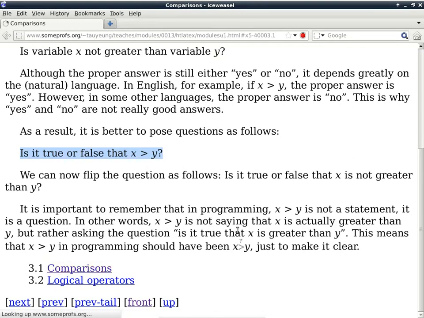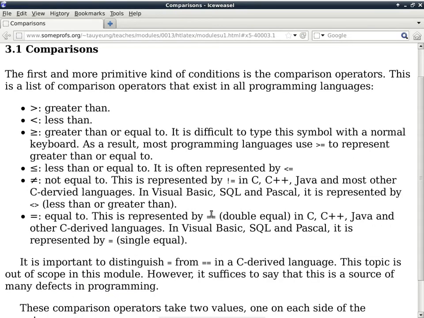We know a lot of operators that can give us that sort of an answer, true or false. Greater than: is it true or is it false that x is greater than y? Less than. We can go through these symbols pretty quickly, except I want to show you how to type them if you don't want to deal with the HTML encoding.